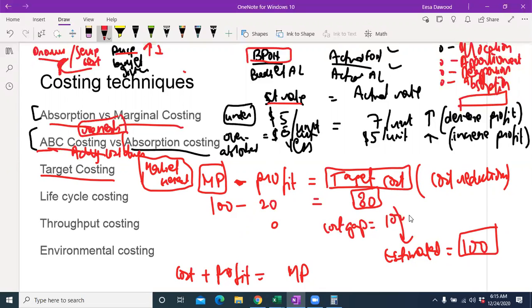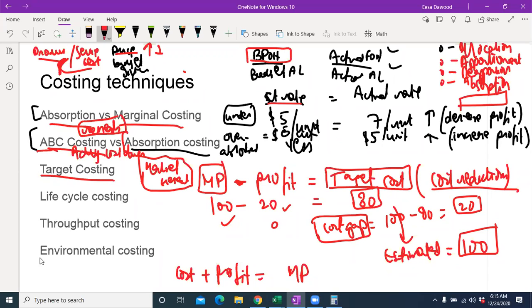There's a cost gap of 20. If you're not going to cover this cost gap, definitely you can't sell at 100 and you cannot earn your required rate of return, right? So this is another technique that is going to improve our performance, that will make our prices more competitive, that will actually help us to reduce our prices.